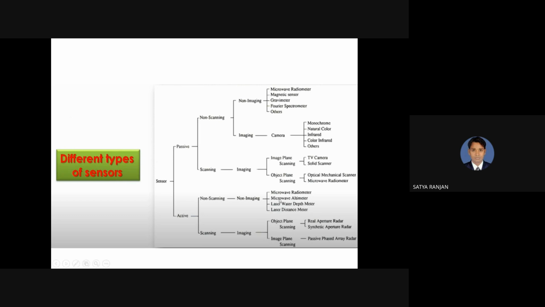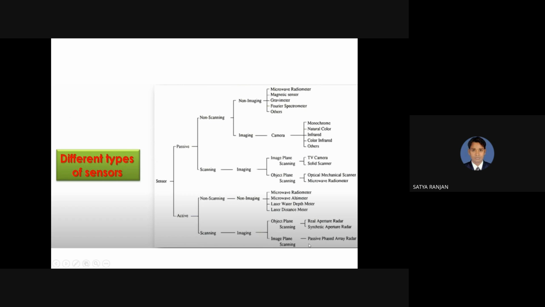So those are non-imaging sensors. Then scanning and imaging is object plane scanning: real aperture radar and synthetic aperture radar. All these are satellite images.